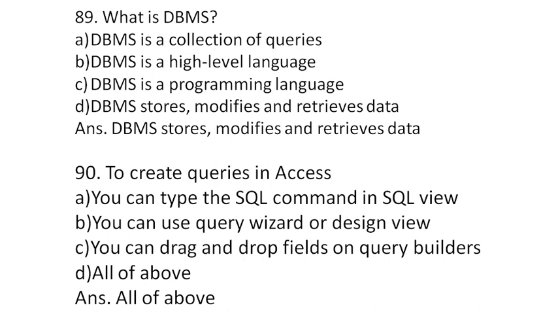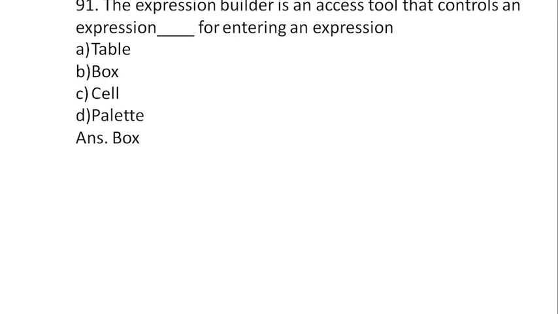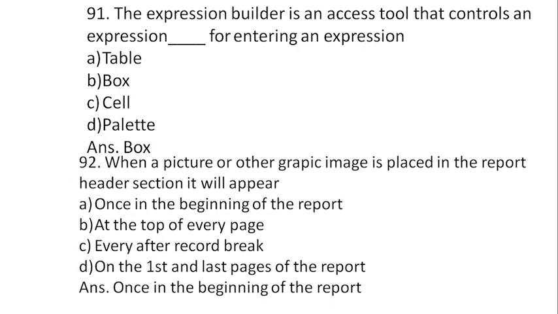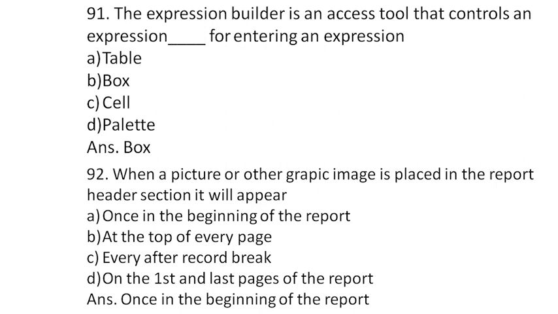All three are correct. Next, the expression builder is an Access tool that controls an expression dash for entering an expression. Answer: box. Next, when a picture or other graphic image is placed in the report header section it will appear, the answer is once in the beginning of the report.